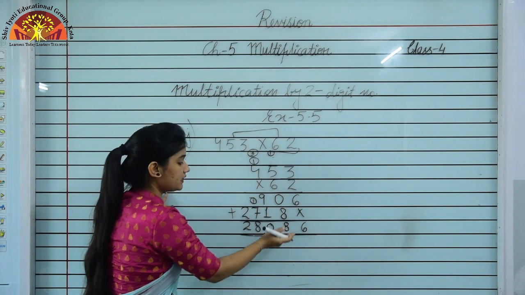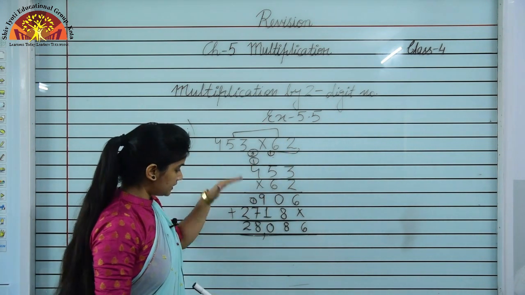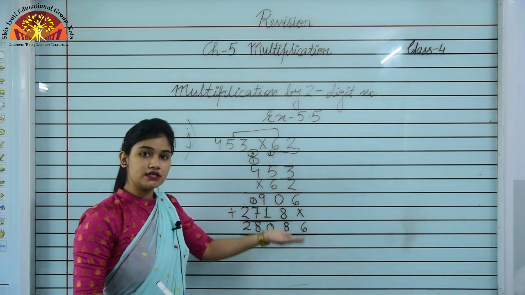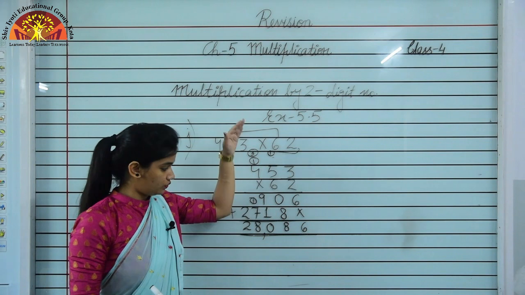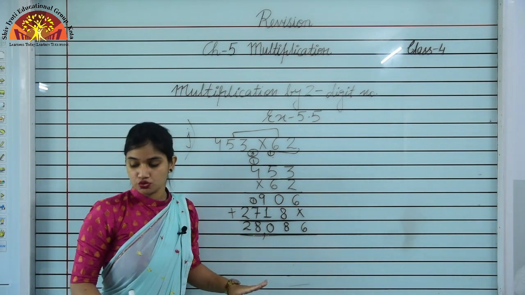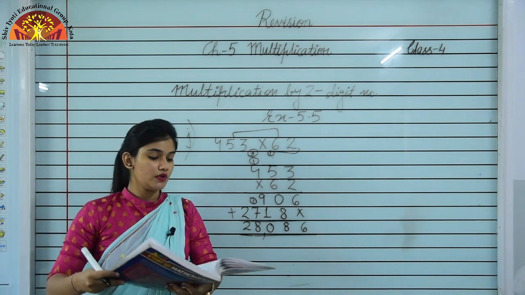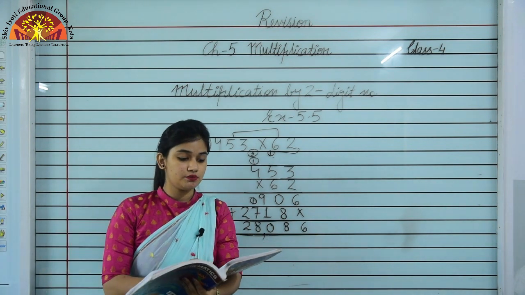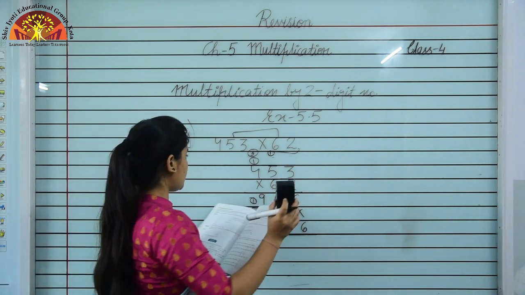So students, like this you can multiply by 2-digit number, or in this way you can multiply by 3-digit number also. You can take any 3-digit number and multiply in this way only. Is it clear, students? So students, now we'll see the next topic, and the topic is estimating product of two numbers, that is given on page number 62.